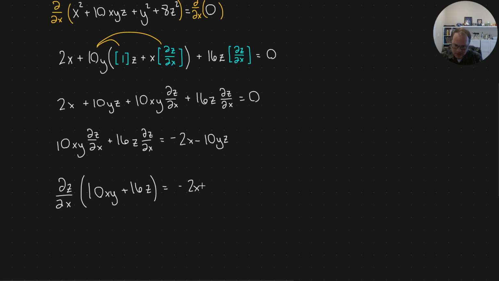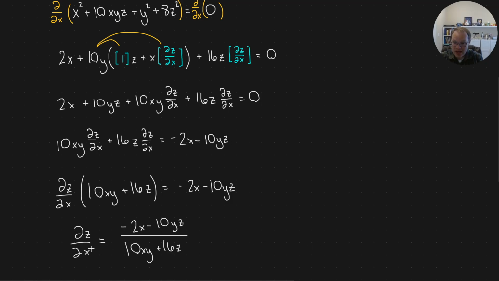The right-hand side doesn't change. And now if I want to get partial z partial x by itself, all I have to do is divide by this. So partial z partial x is going to be negative 2x minus 10yz in the numerator, divided by 10xy plus 16z in the denominator.